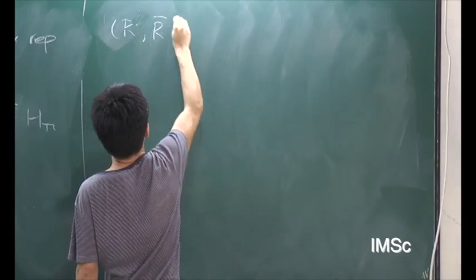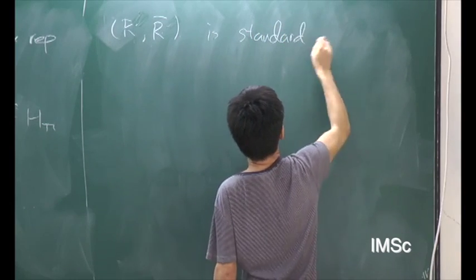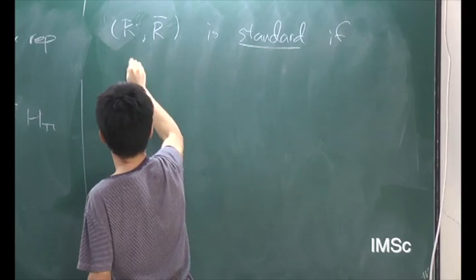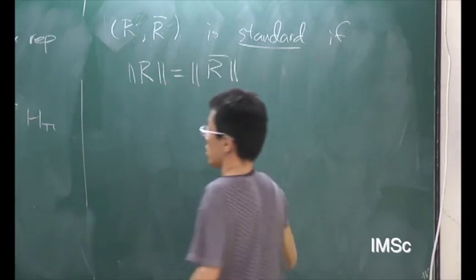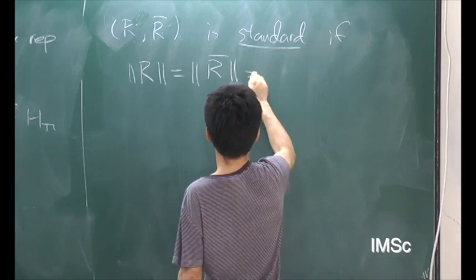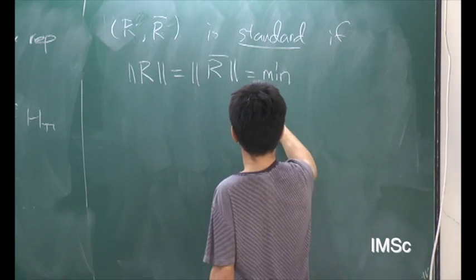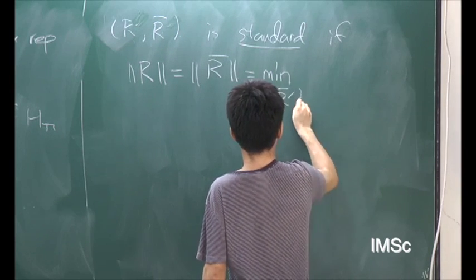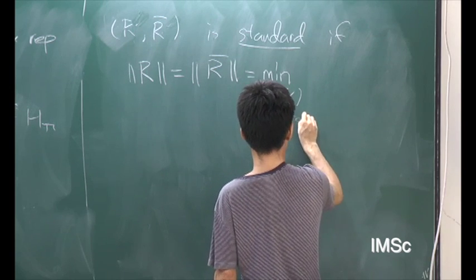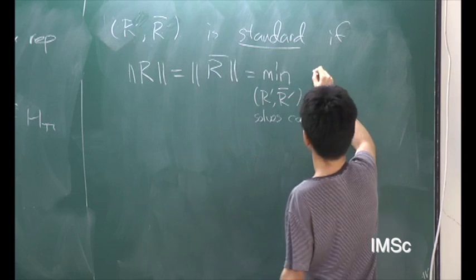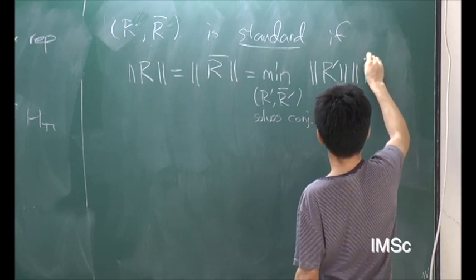We call the solution standard if these have the same norm in the first place, and it minimizes this product.